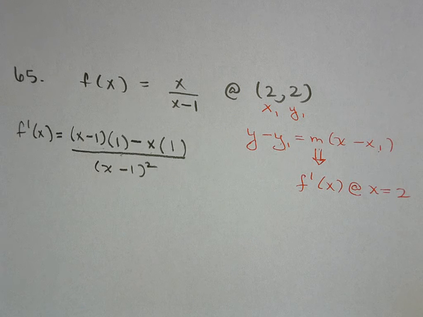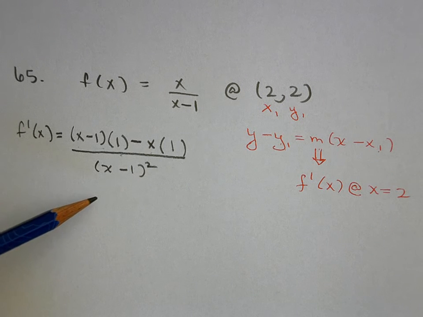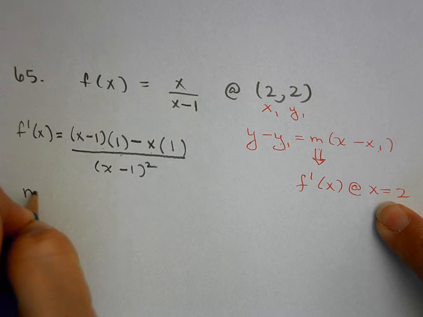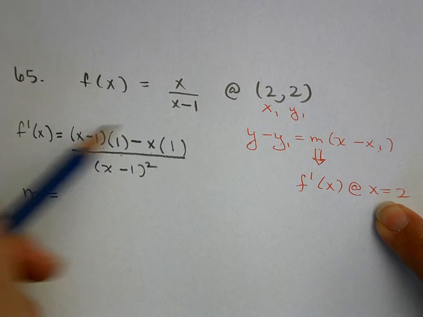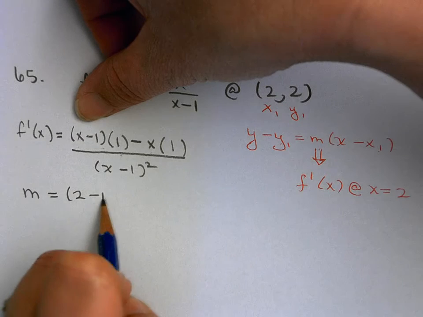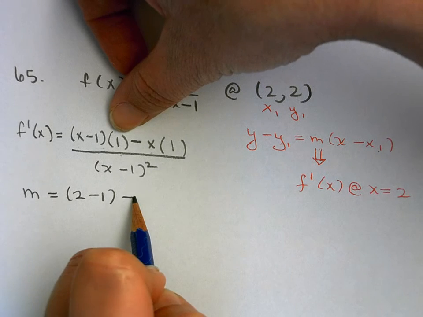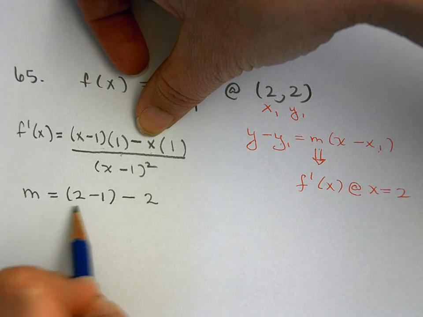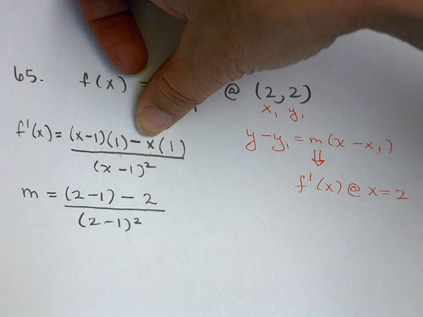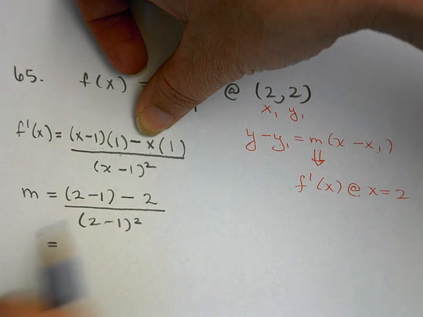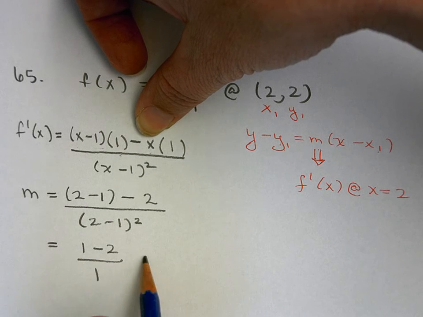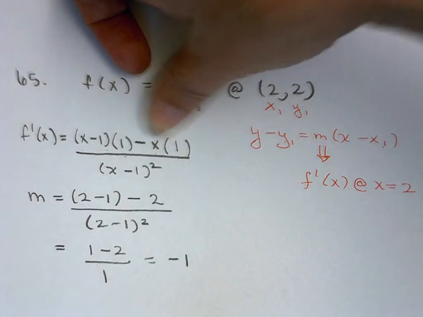So now that I have my derivative, I can find the slope of my tangent line by evaluating it at x equals 2. So now I'm going to replace my x's with 2. So this would be 2 minus 1 times 1 minus 2 times 1 all over 2 minus 1 squared. So that would be 1 minus 2 over 1 squared, which is just negative 1.